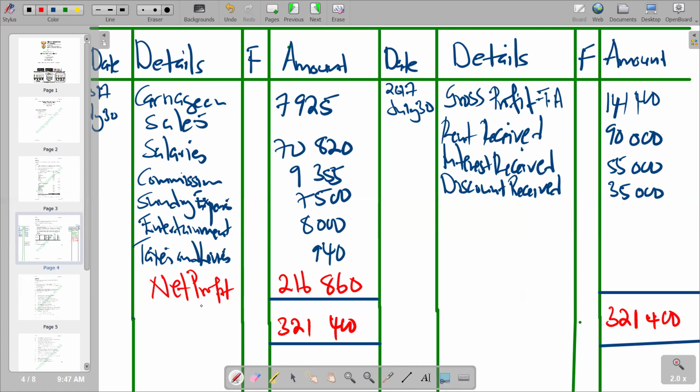And this figure is going to represent your net profit. So if the credit side is greater than the debit side, it results in a net profit. But if the debit side is greater than the credit side, it means it's a net loss, and we are supposed to see it on the credit side as our balancing figure, with the details described as net loss. So this is how we prepare the profit and loss account.